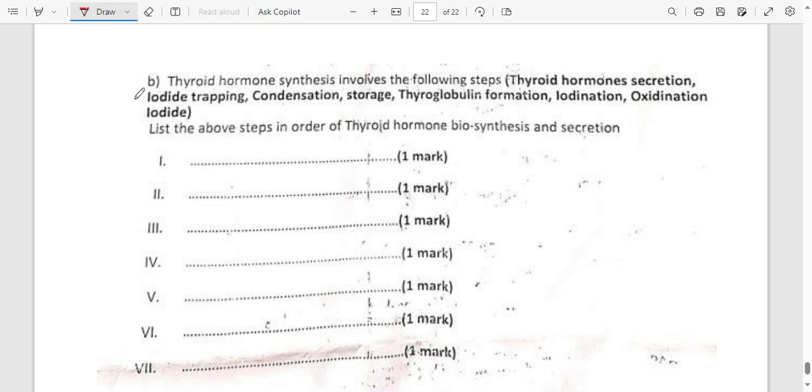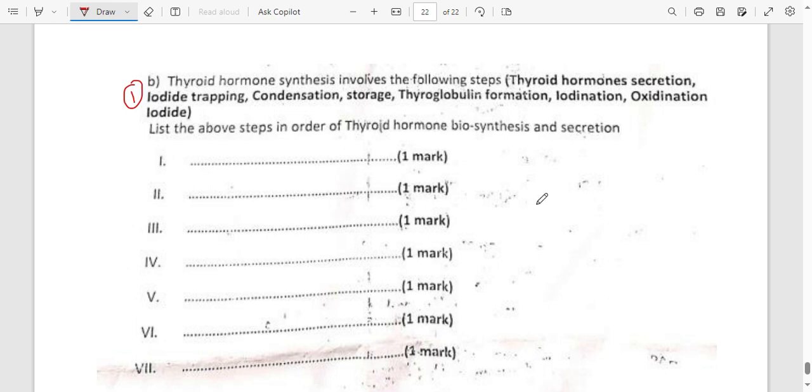Iodine trapping, okay, you want first to trap iodine, and then after the trapping of iodine, remember what you want to form is iodine. So in the blood you have this iodine and iodide. You trap it from the blood, and then you form your iod... I don't know which one you are forming.